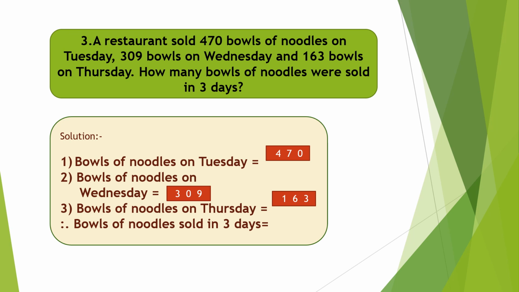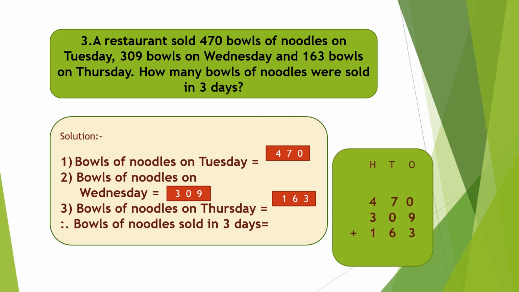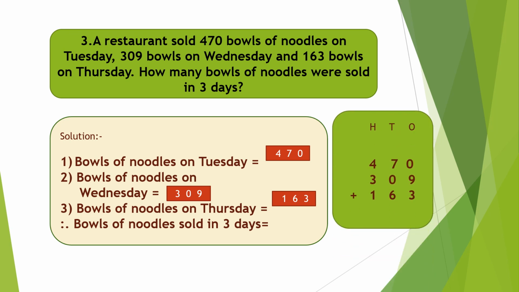Therefore, bowls of noodles sold in 3 days. How to find out? Draw a solution box. Add 470 plus 309 plus 163. What is the answer you get? 942. So 942 bowls of noodles were sold in 3 days. That is Tuesday, Wednesday, Thursday. When we add, we got 942 bowls of noodles were sold.